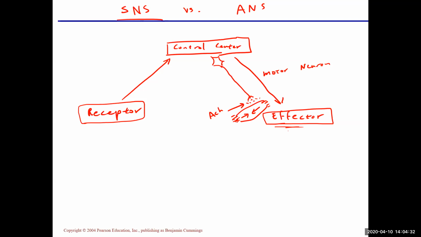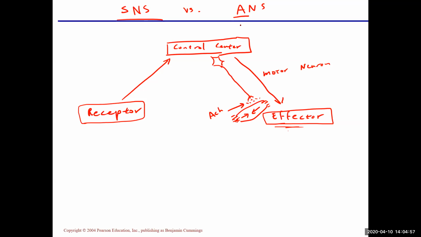What about the autonomic nervous system? How is the autonomic nervous system different from the somatic nervous system? That's what we wanted to get at. Interestingly enough, when we hear autonomic, it kind of reminds us of automatic. In other words, these are things that we don't have control over.